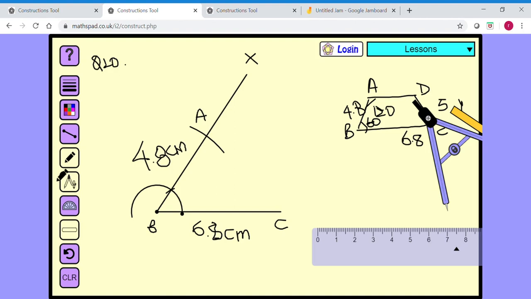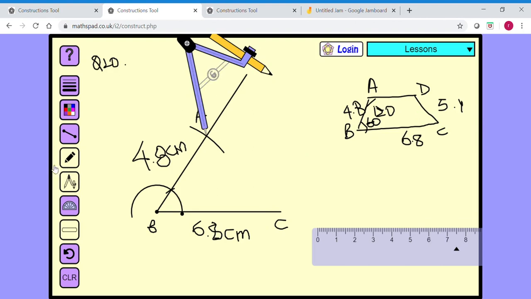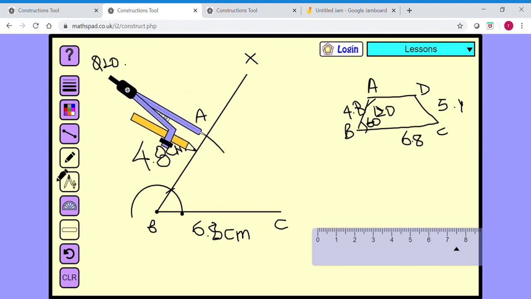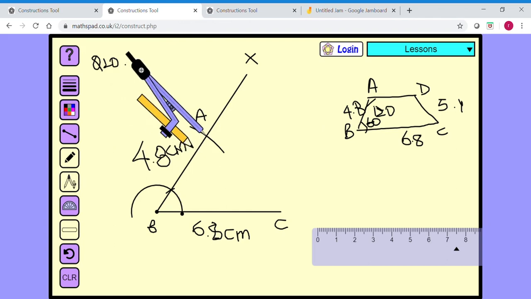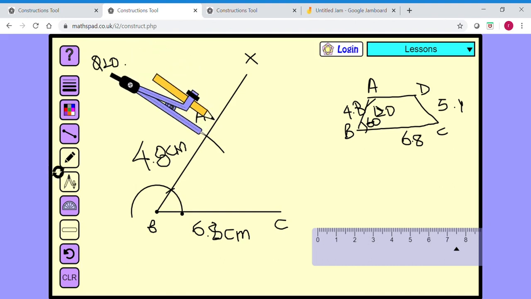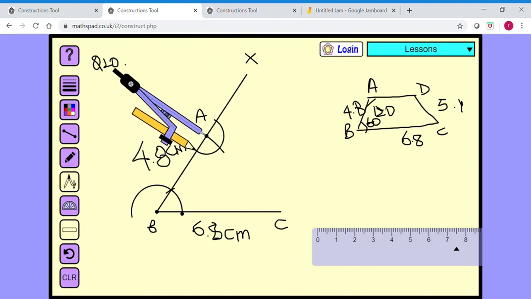Perfect. Now I know that angle A is 120 degrees, so I will have to make an angle of 120 degrees here, for which I will need to create a semicircle. So let me first draw a semicircle here. Done.